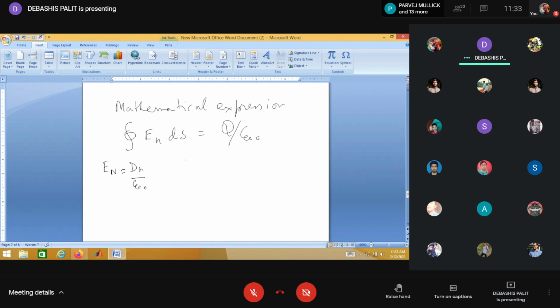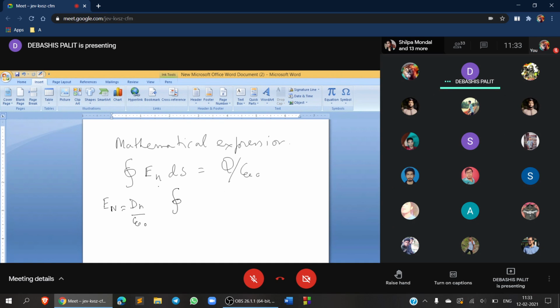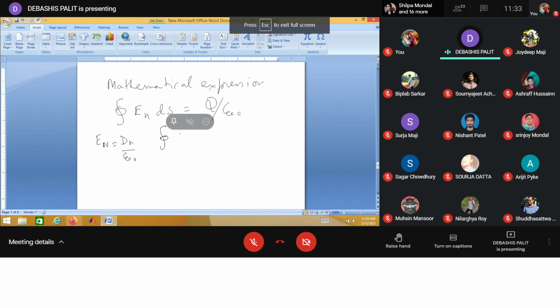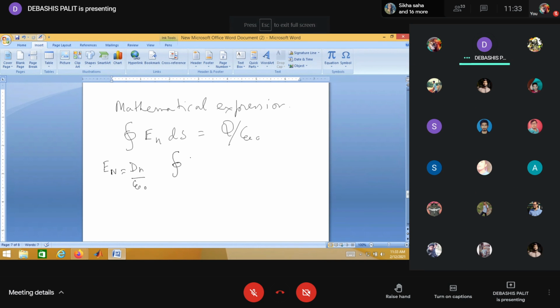So the mathematical expression is the surface integral of En into epsilon 0 dS, that is equal to q.